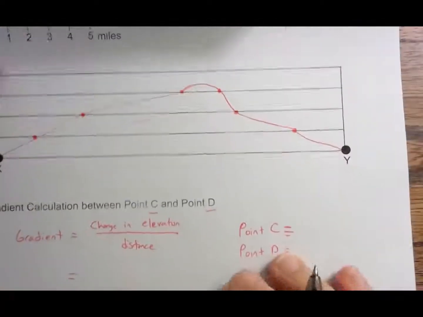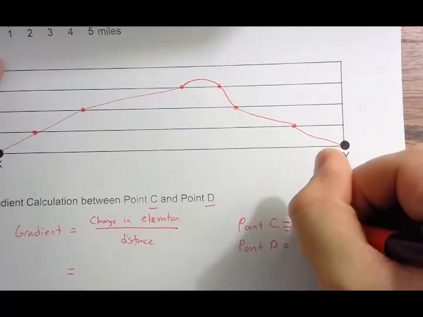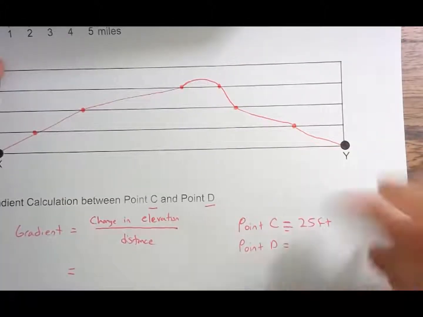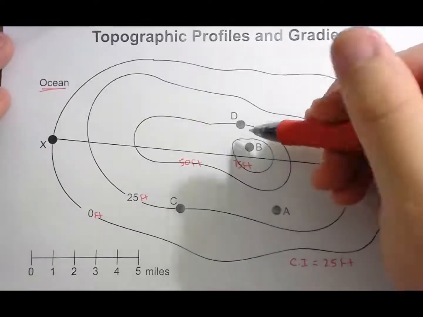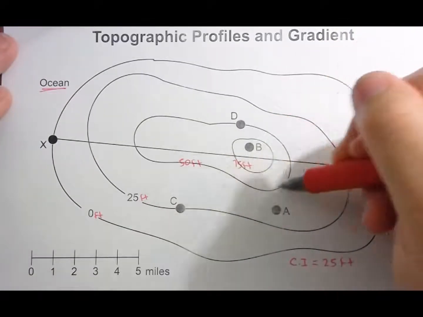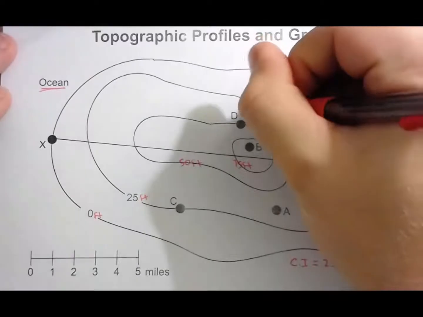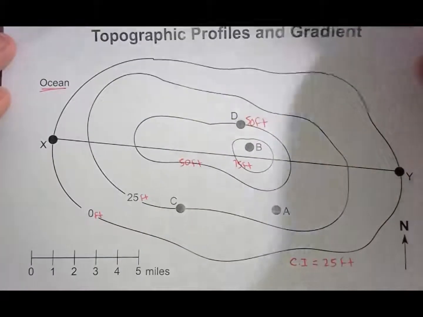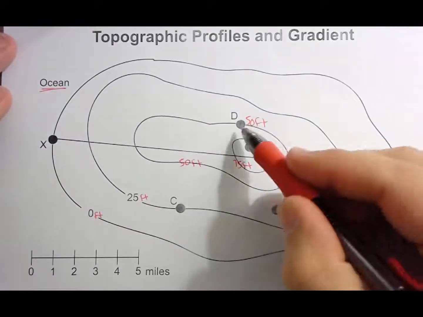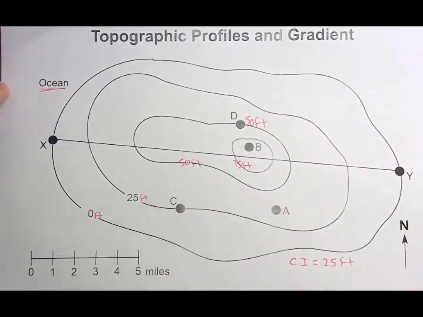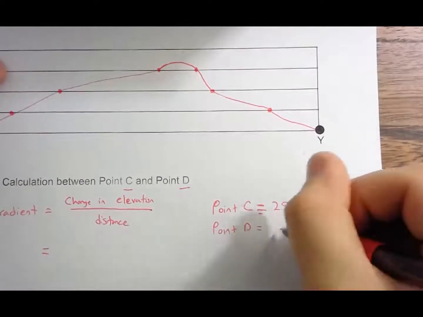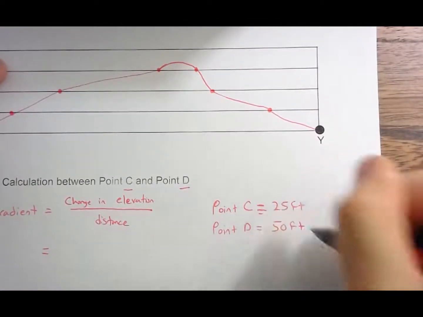Can't have any other value. So point C is 25 feet. Point D is also on a contour line. Happens to be on the 50-foot contour line. Okay. Any points on a contour line have to be equal to the value of that contour line. So point D is 50 feet.